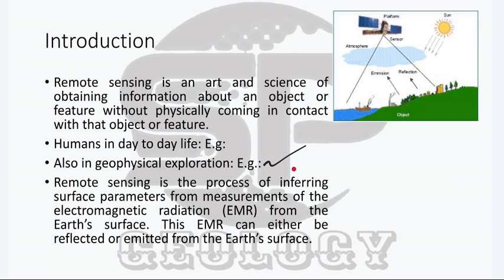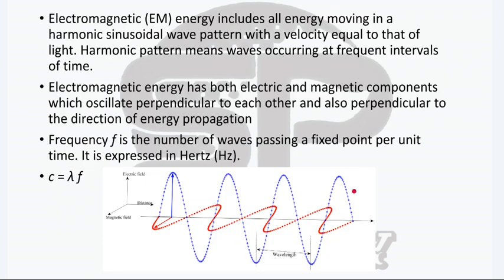We apply this process using several instruments, and then we gather information. For gathering this information, we first have to use an energy, which will be incident on the object and reflected back.